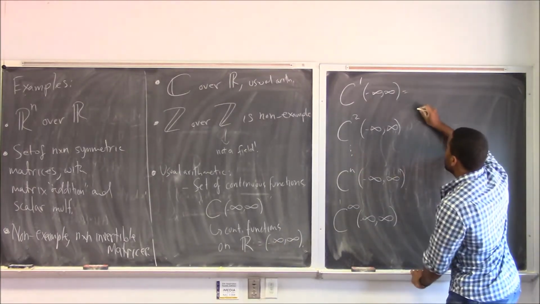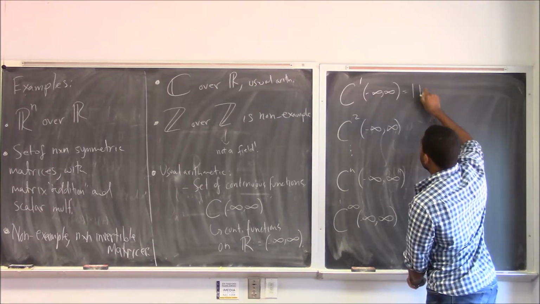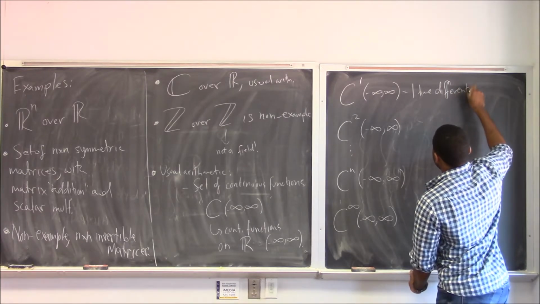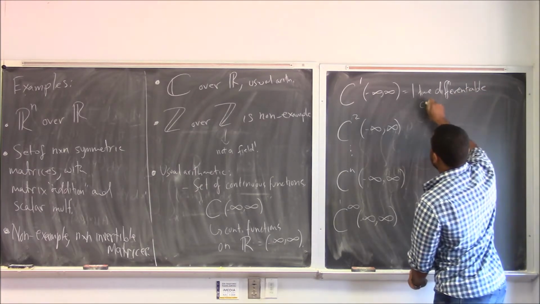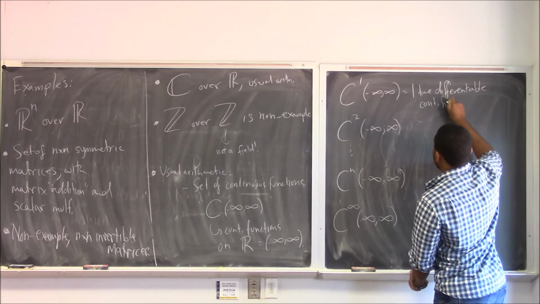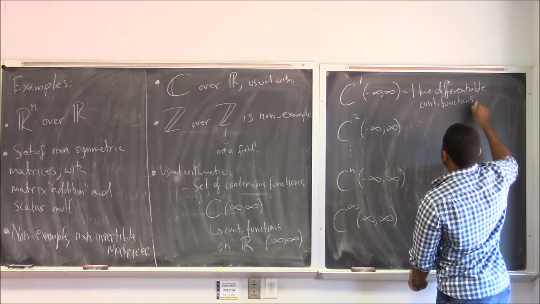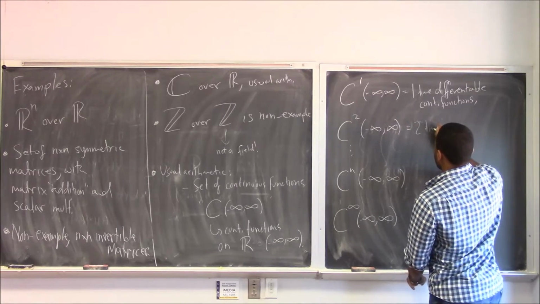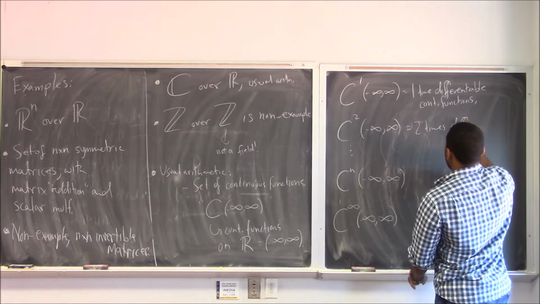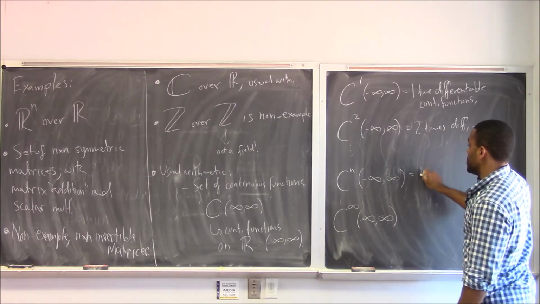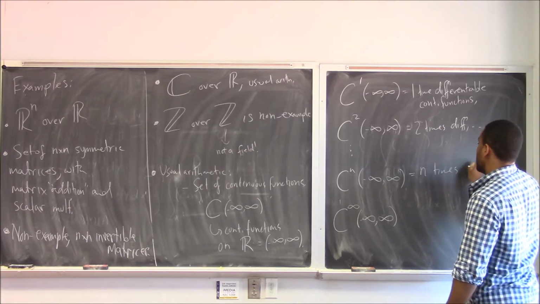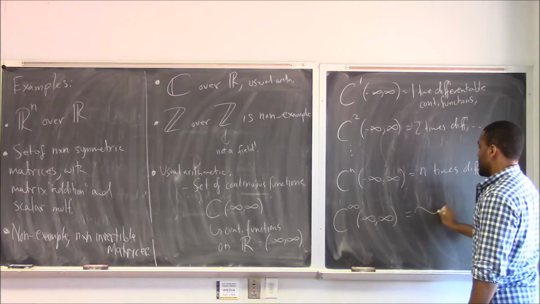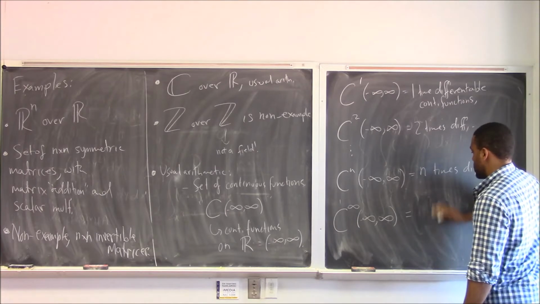This is the one-time differentiable continuous functions. And this is the two times differentiable continuous functions. And this means you can differentiate it n times, n times differentiable continuous functions. This one means infinitely differentiable continuous functions.